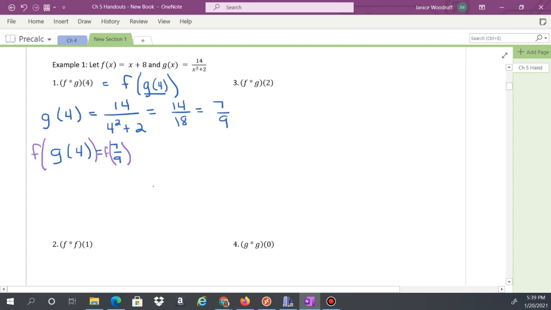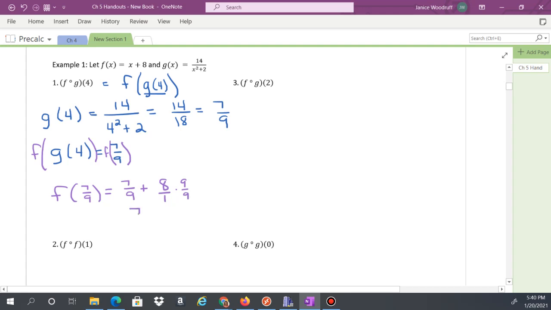So you go to your f function, and f of 7/9 is going to be 7/9 plus 8. You can do that in your calculator, or by hand. If I did this by hand, my denominator would want to be 9, so I could multiply 8 by 9 over 9.